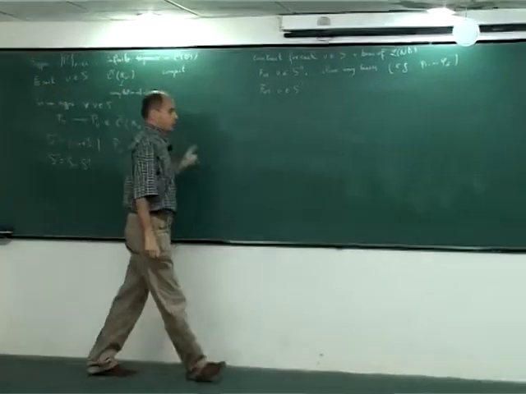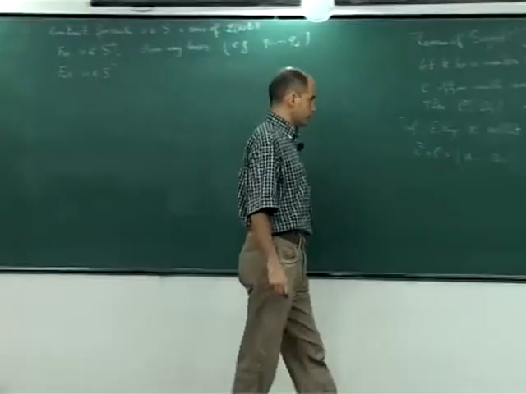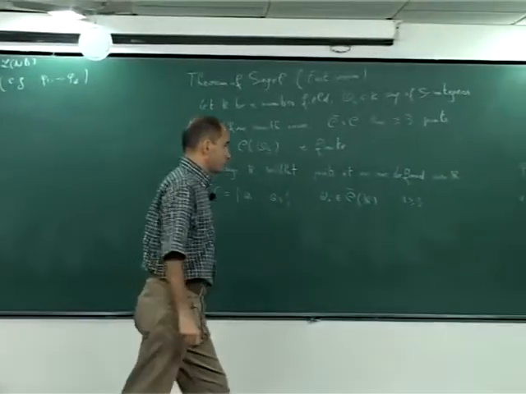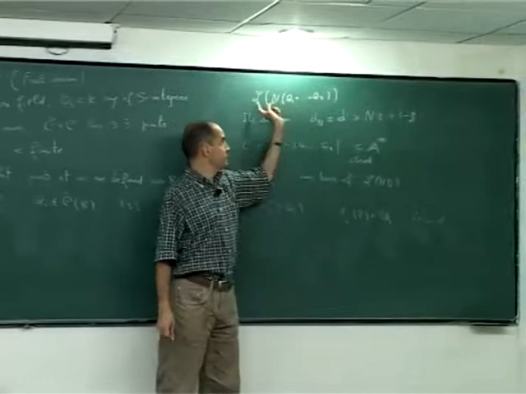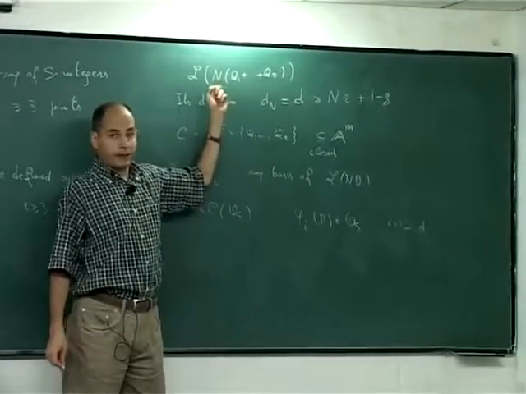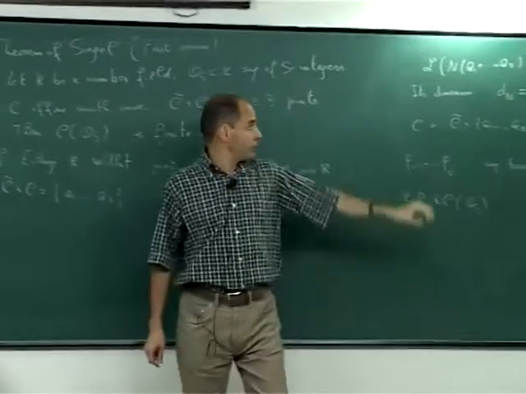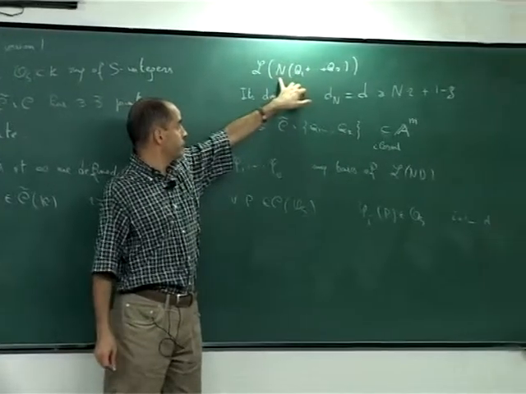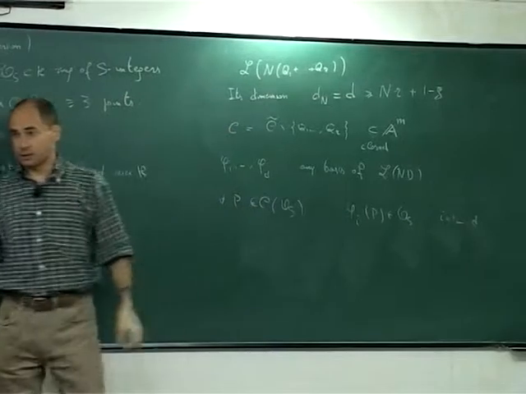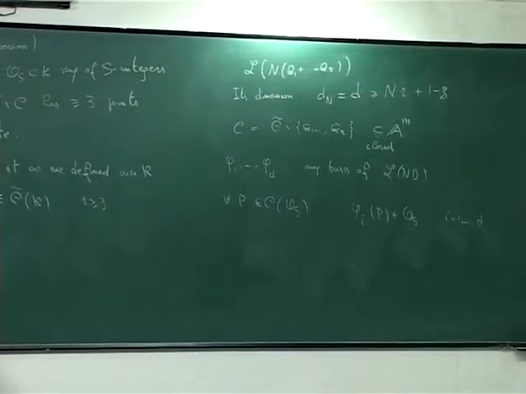So the functions in this vector space will have, at worst, a pole of order n at the point P nu.